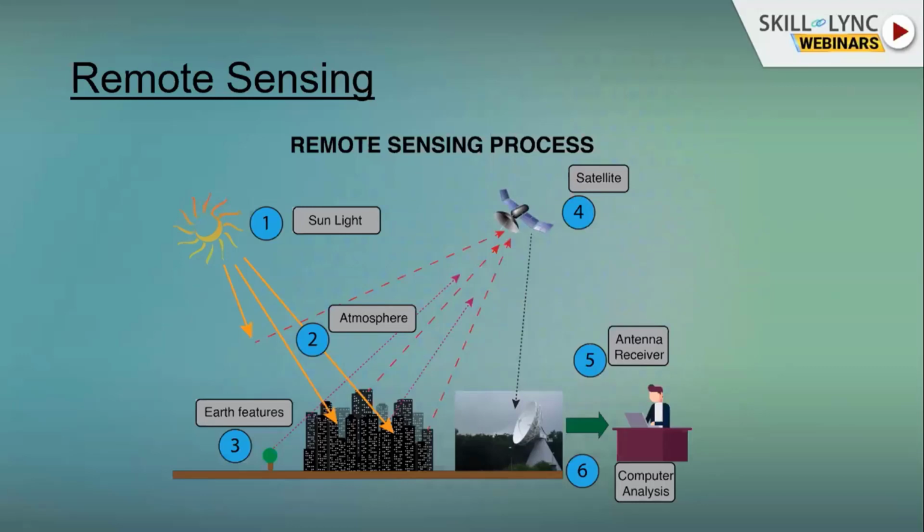Now we also have an active remote sensing type of technology, where sun is not the source of illumination, but we have radar or some sort of sensors that create their own energy. They transmit it towards the earth's surface. The rest of the phenomenon remains the same: interacting with the atmosphere, going towards the satellite, then antenna receiver, then the computer analysis.